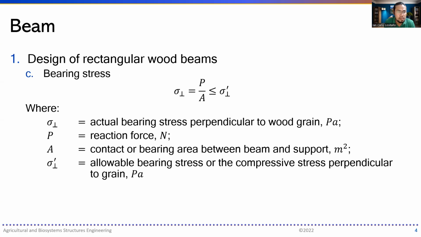Lastly is you have your bearing stress. And that is simply P over A. You still have your maximum allowable. And the P is the reaction force in terms of newtons, and then you have your contact or bearing area between beam and the support. That is in, again, the usual m squared.